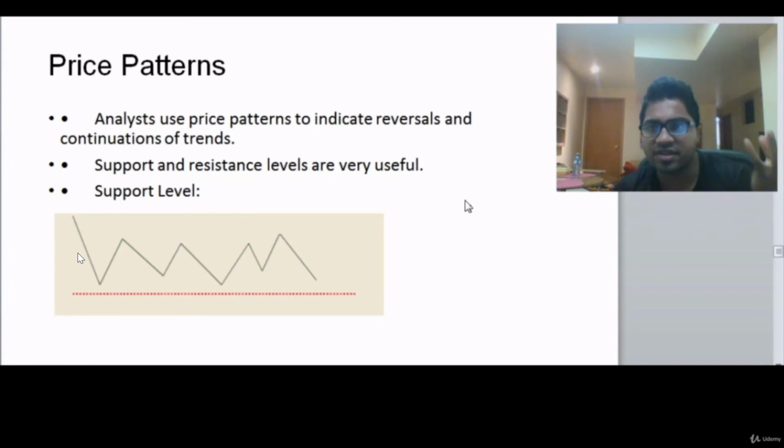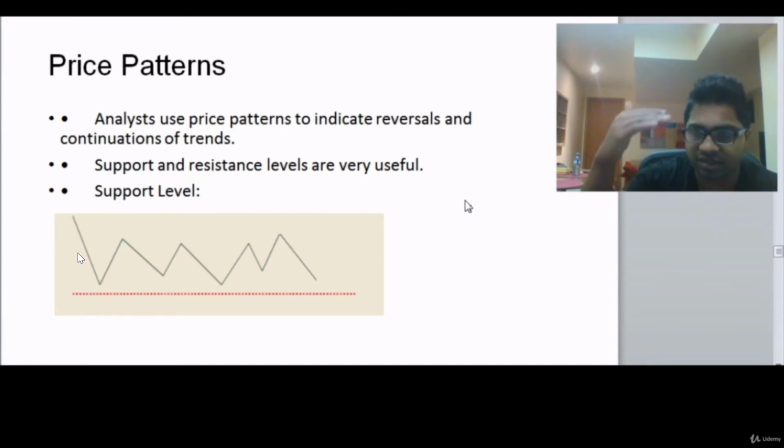Support is a price point at which the buying activity in the stock increases. Since the buying activity increases, demand increases, and as the demand increases, the price increases. So support is a point at which, when the stock reaches it, demand increases and the stock price starts to rise.